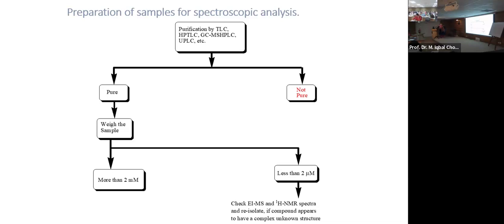You purify it using different techniques, such as HPLC, TLC, and column chromatography. These are chromatographic techniques, chosen based on the nature of the compound you need to purify, whether you synthesize it or isolate it from natural sources.